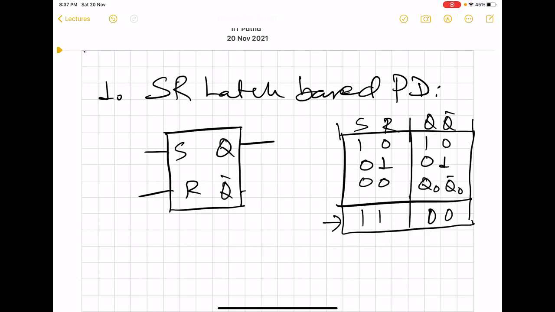This will not allow us to use this SR latch to detect wider phase error between the input reference and the divider output. So we will try to avoid this 11 input by actually feeding the very narrow pulse for these two signals at their respective rising edges.